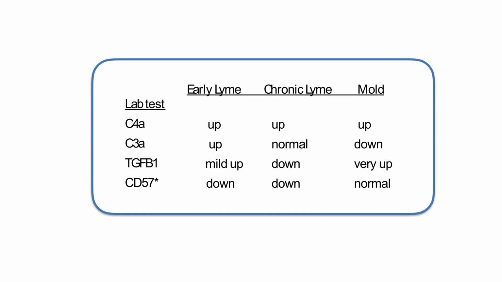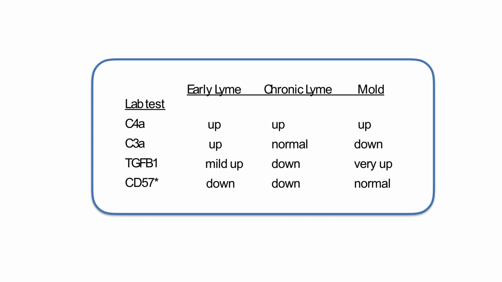Now in mold, it is a little different because C4A remains high, C3A drops down, and TGF-beta1 is very much up, closer to that 10,000, between the 5 to 10,000 mark. And CD57 remains normal.